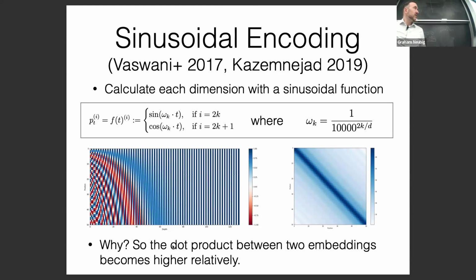Why did they choose to do it this way? Because if you multiply these positional encodings together, you get something that looks a bit like this. If you multiply the two vectors together, the closer together they are in position space, the higher the number. That gives you a bias toward upweighting the attention values of things that are closer together, at least in the very first layers of the model, where it's more important because you don't yet have information calculated from previous layers.